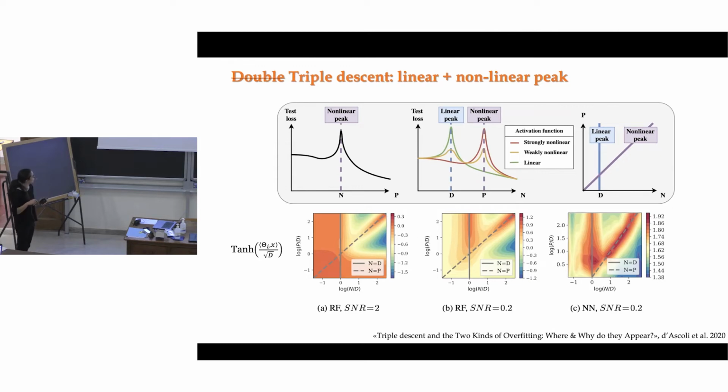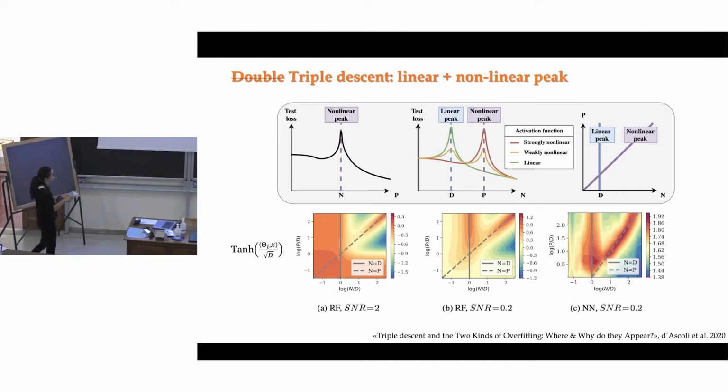Okay. And so if you start plotting what happens, for instance, in the plane P over D and N over D, you start seeing that in absence of noise, signal to noise ratio, SNR, or with very little noise, you mainly see the N equal P peak, so the nonlinear peak.